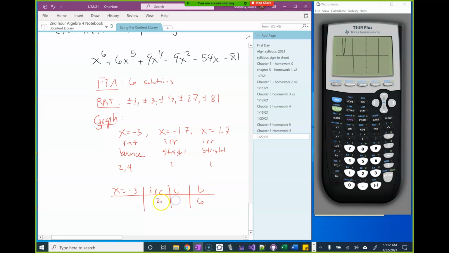Basically, those are 2 possibilities, right? Is that cool? So we'll start our synthetic division. We have to use the -3 to test. And we're going to have to use -3 at least twice, maybe 4 times. We're not sure yet, but at least twice.